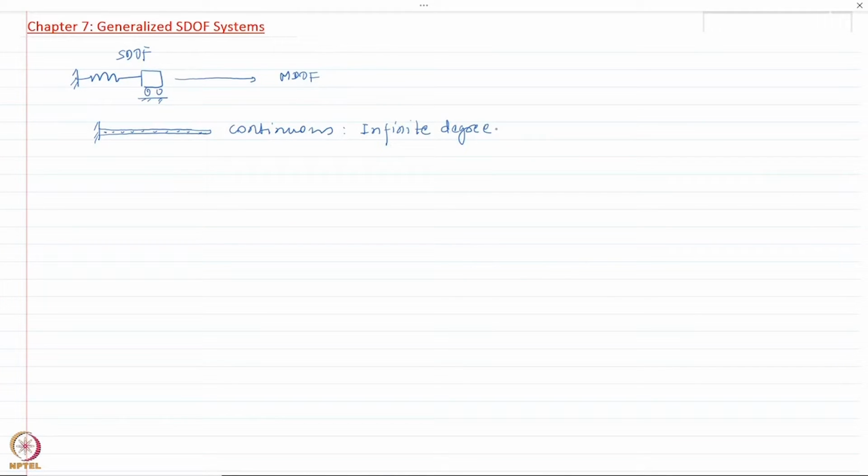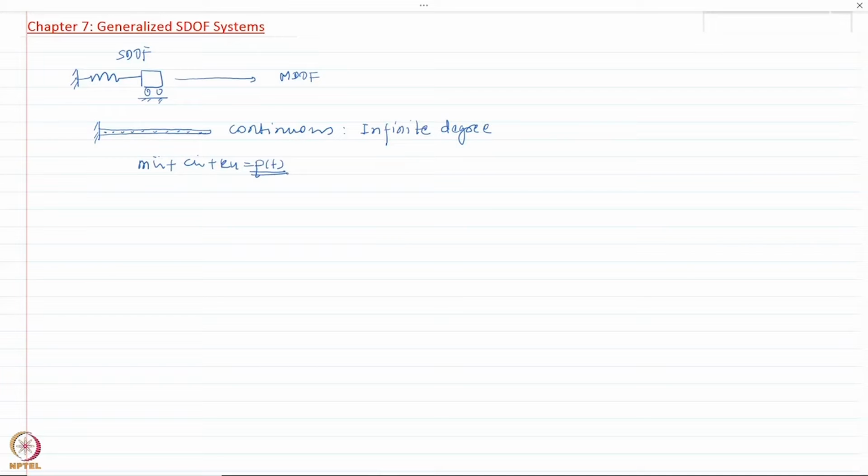Now, although a multi-degree of freedom system is supposed to be more accurate, it is also computationally expensive, and the standard solution might not always be available. But we have seen that for a single degree of freedom system, if we have this equation of motion, we have derived the response for different types of excitation, and we have learned how to get the response using different numerical methods.